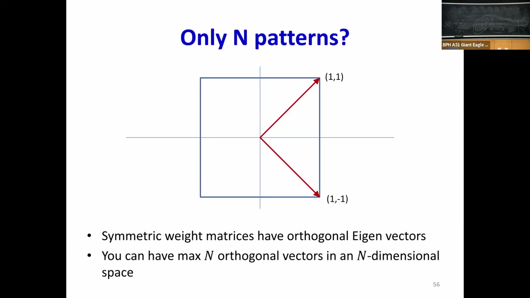Firstly, if W is symmetric, all the eigenvalues are real, right? And you can specifically design it, and all the eigenvectors are orthogonal. And we are pretty much guaranteed that we can design our Ws to have N patterns which come back to themselves.